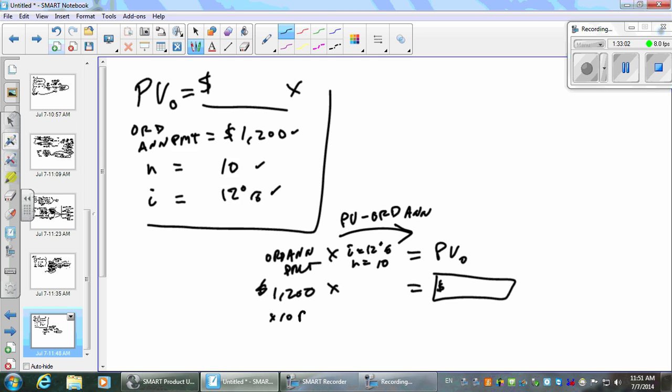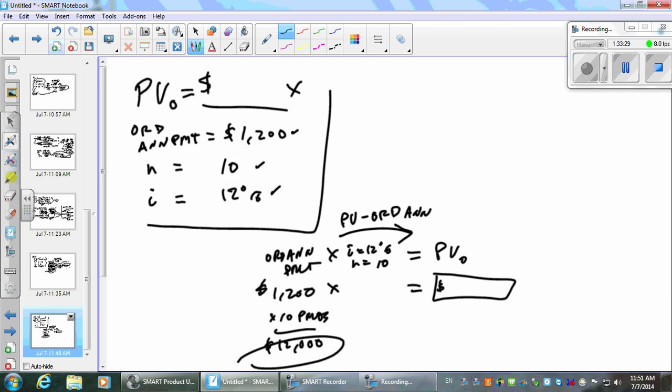We're looking for the present value of 10 payments, so you need to be on the present value of an annuity table. We're valuing $12,000 here, so present value is going to be less than 12,000.